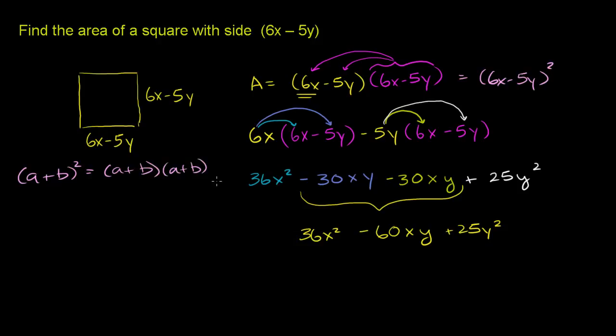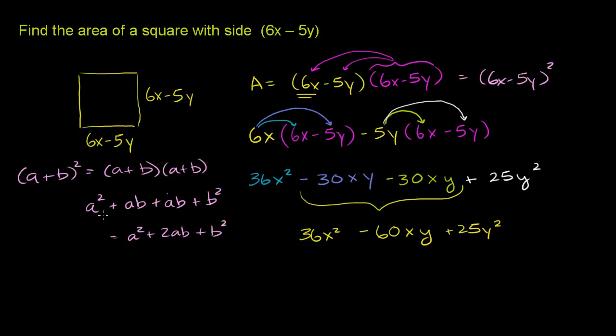And if you were to multiply it out the exact same way we just did, the pattern is a times a, which is a squared, plus a times b, plus ab, plus b times a, which is also ab, plus b squared. So this is equal to a squared plus 2ab plus b squared.